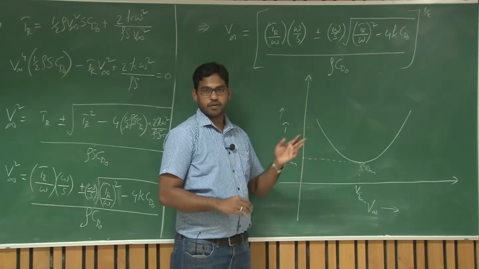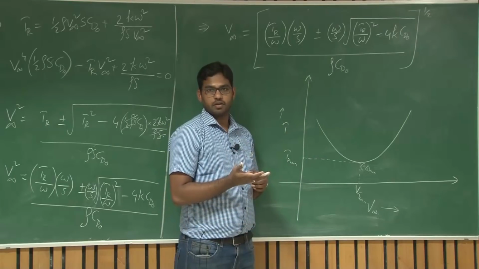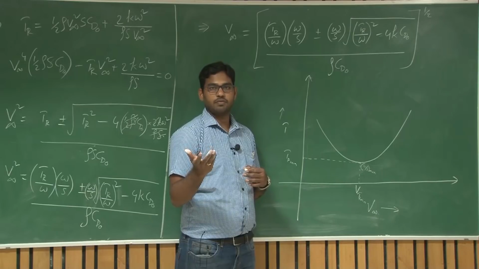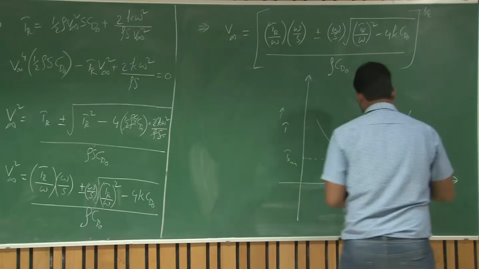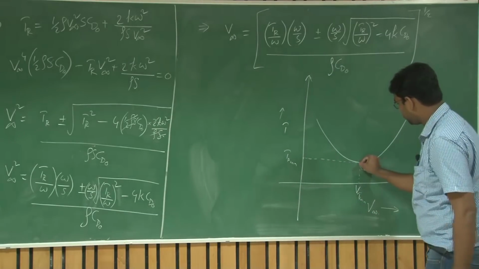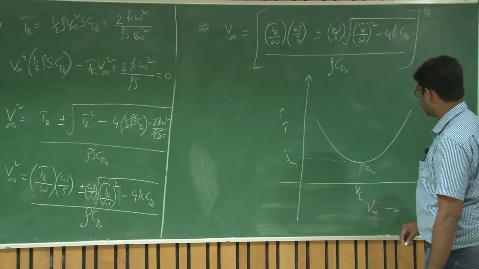And the corresponding angle of attack for trim we can find out by using the linear expression of CL, where CL is equal to CL naught plus CL alpha into alpha, right? Now this is your minimum thrust required condition.